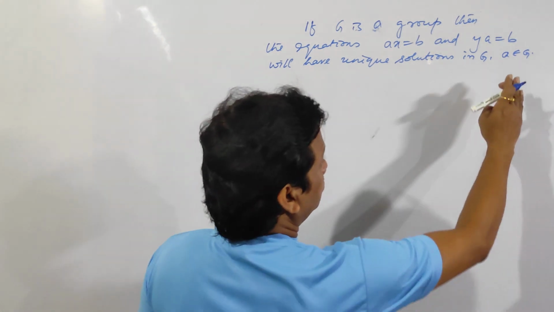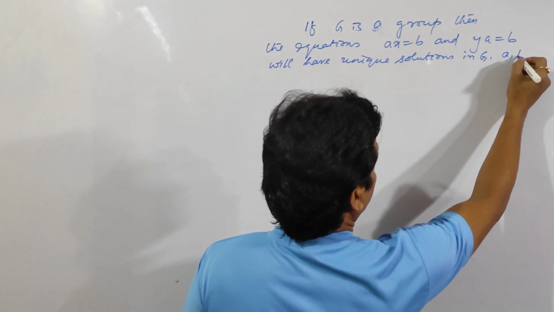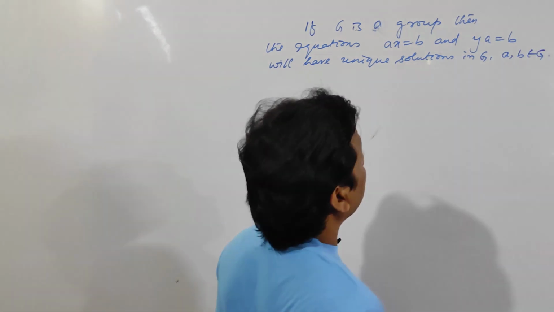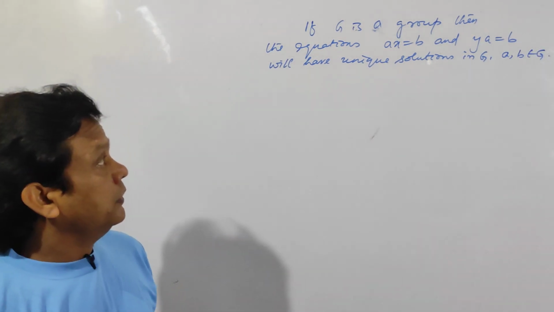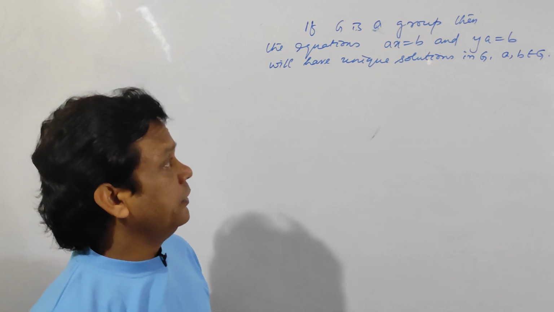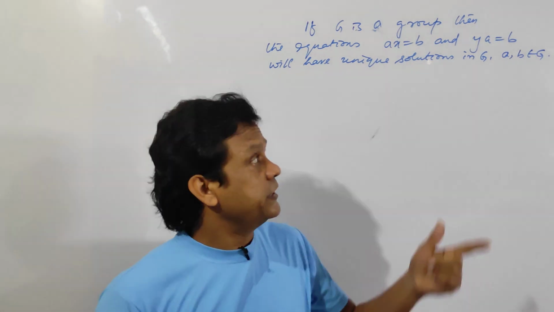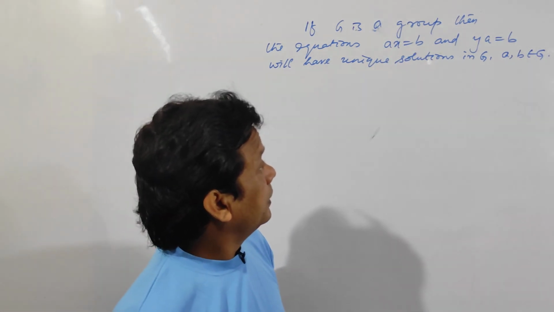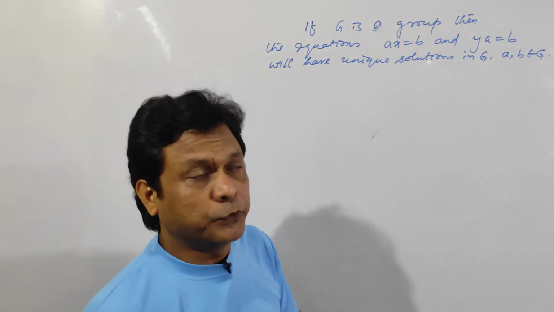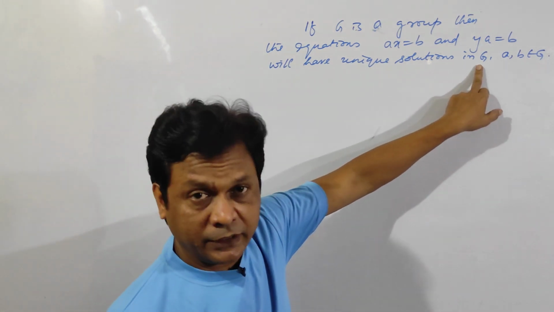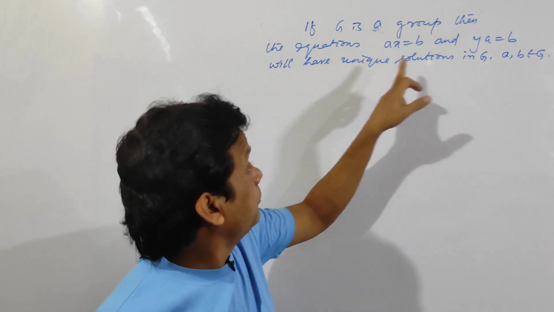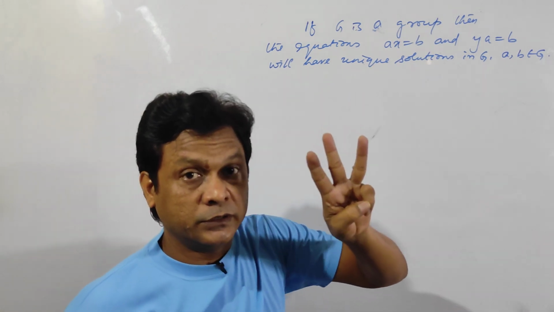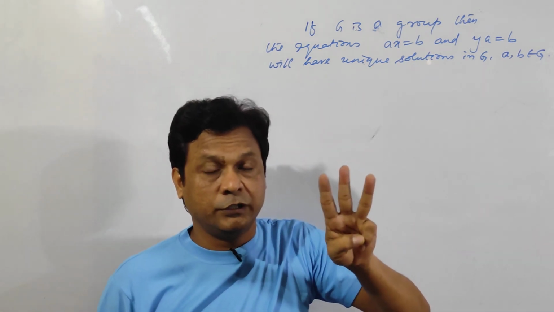Now A, B both belong to G. You have to first find the solution of this equation, then prove that the solution belongs to G, and then prove that the solution is unique. Three conditions you have to show.